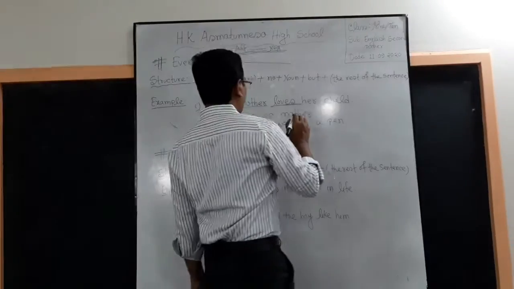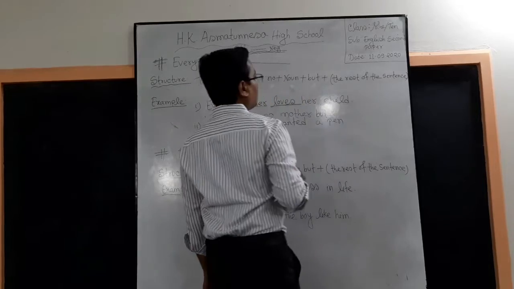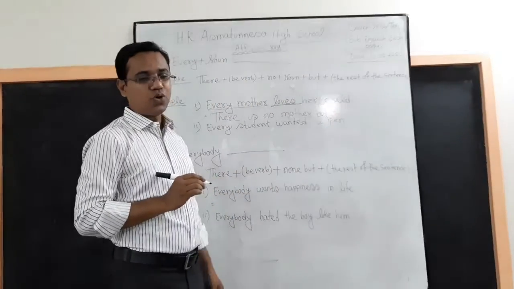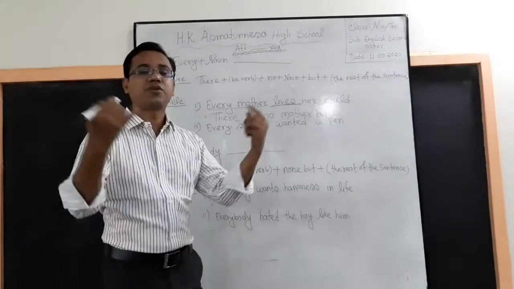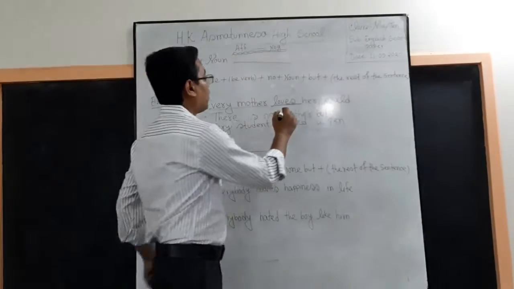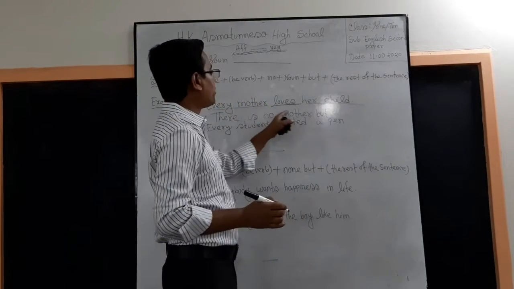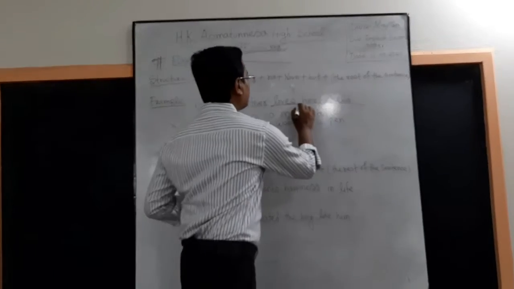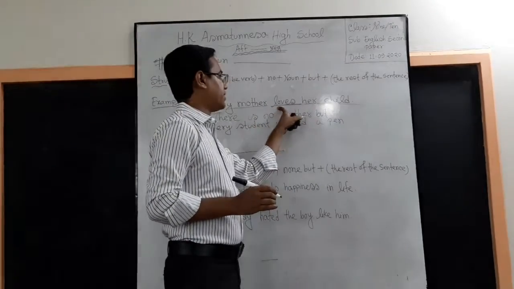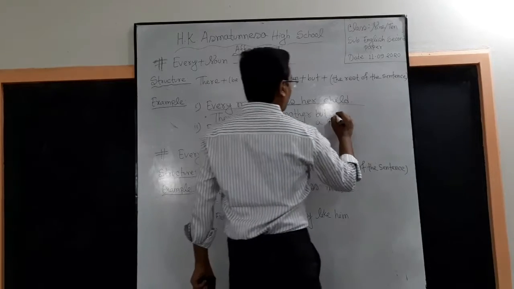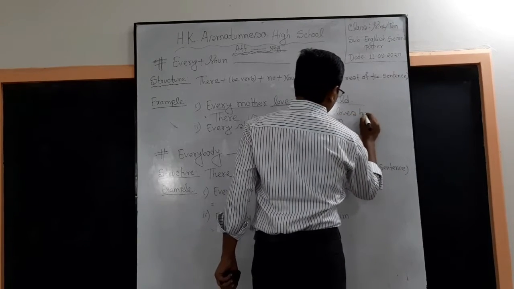There is no mother but. And then what will we do? We will write down the rest of the sentence. The rest part of the sentence, that means loves her child. So we write: there is no mother but loves her child.